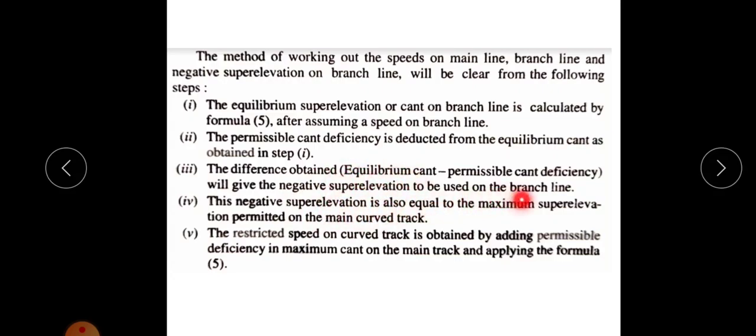Then the next step: this negative superelevation for the branch line is the same as the maximum superelevation permitted on the main track or main line. Up to this we have calculated the difference for the branch line, and this negative superelevation of the branch line is equal to the maximum superelevation on the main line.